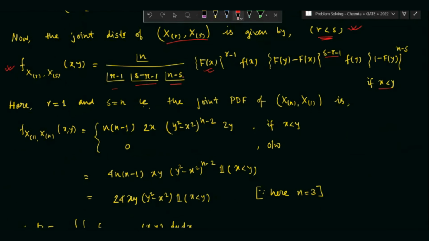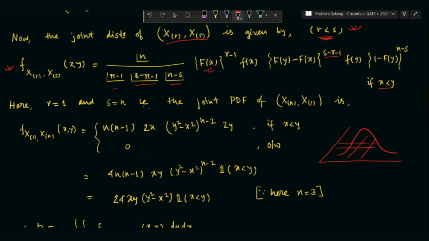You can derive it from the following notion that the joint density is like this. From the joint CDF, you can take the derivative in a small region.